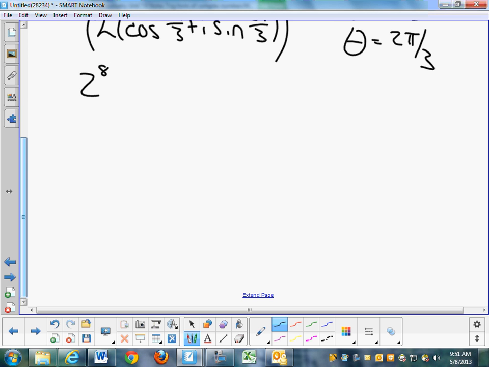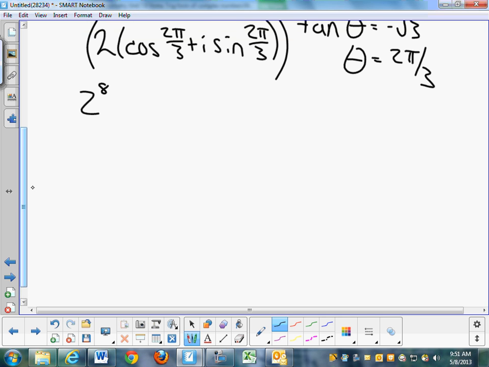Because again, if it was 2 to the 800, we wouldn't actually write that out, right? But then we have cosine of, we multiply those by 8. And so you just have 16 pi over 3 plus i sine of 16 pi over 3. So that was pretty quick. We're done. That's what it is.